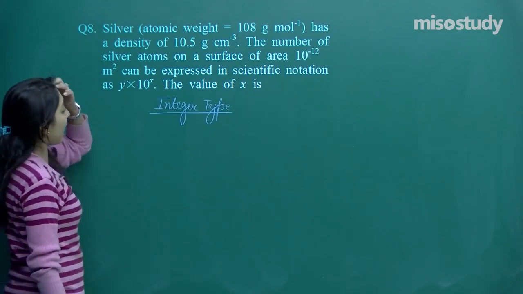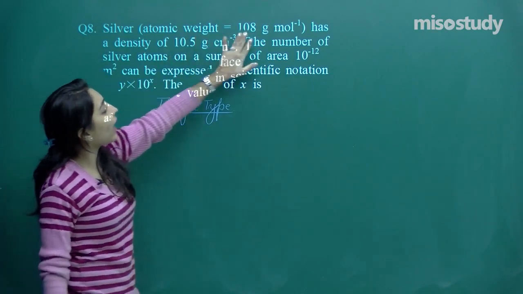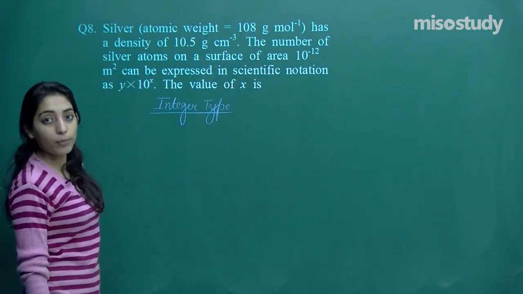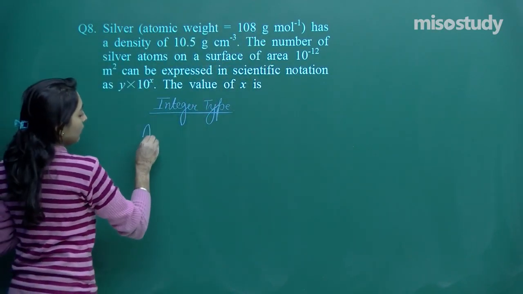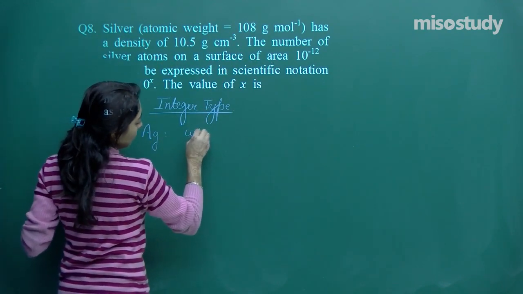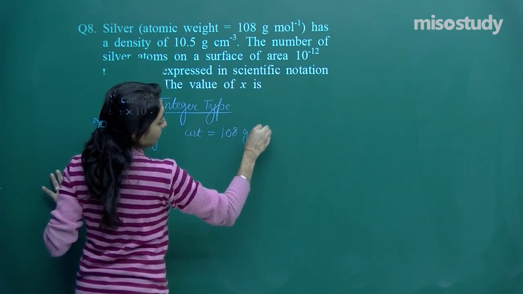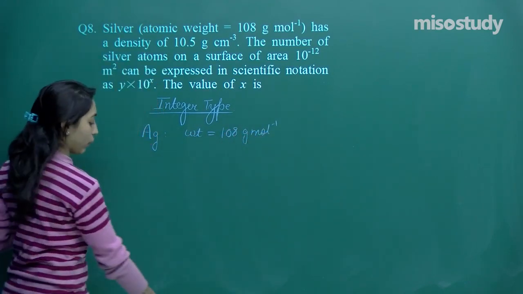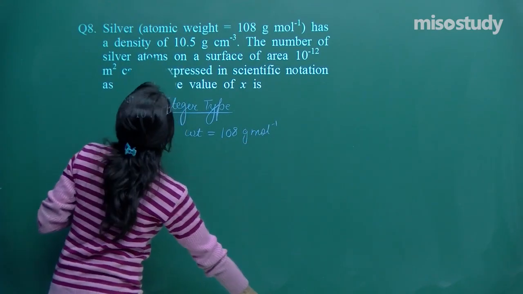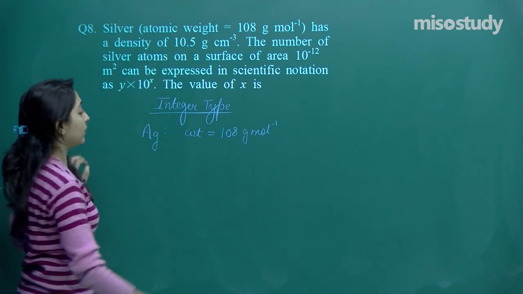The question says that silver atomic weight is given to be 108 grams per mole. So we are given silver atom and the atomic weight is given to us as 108 grams per mole. Okay. Moving further, it has been given a density of 10.5 grams per cc.